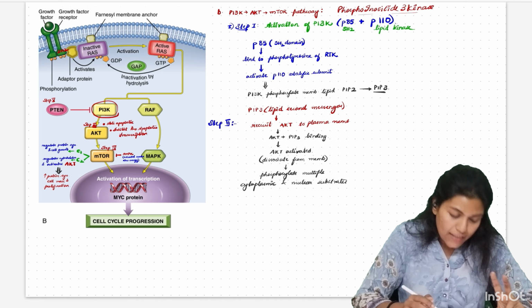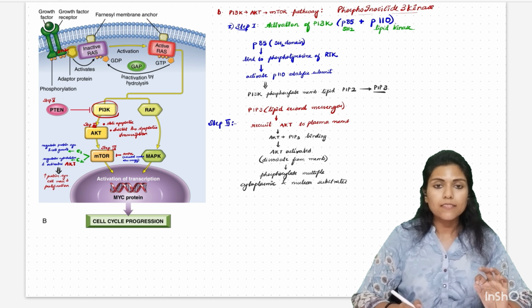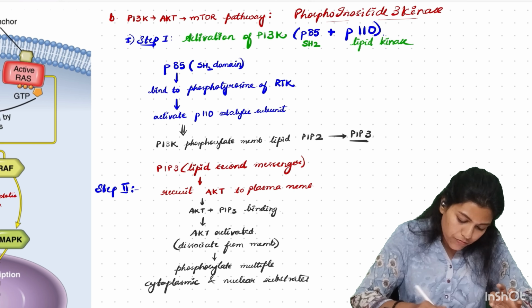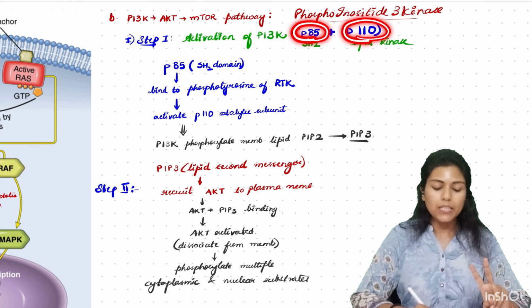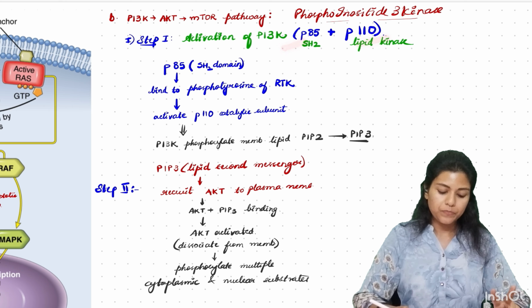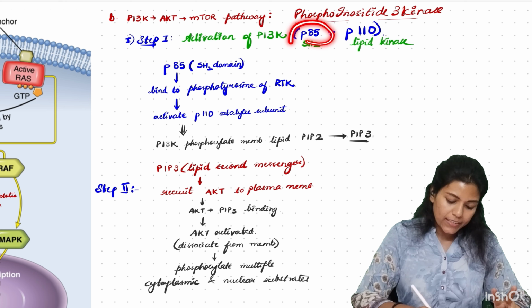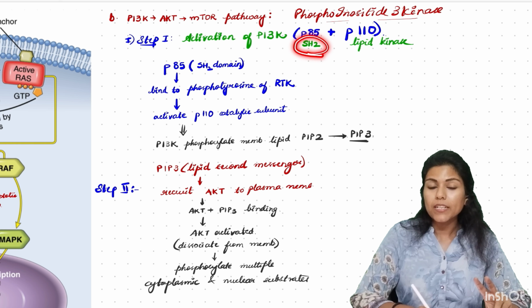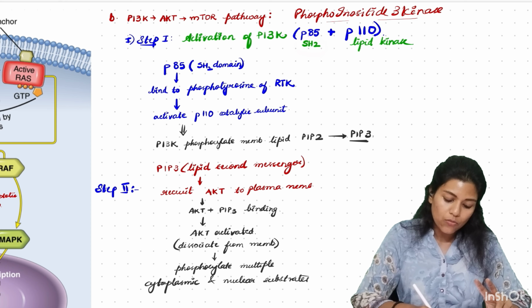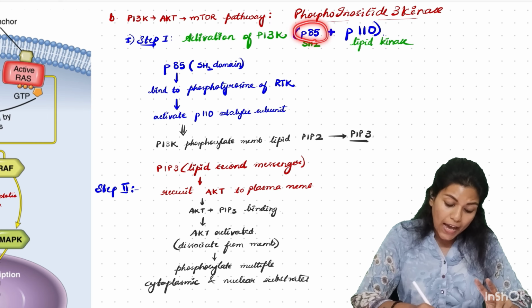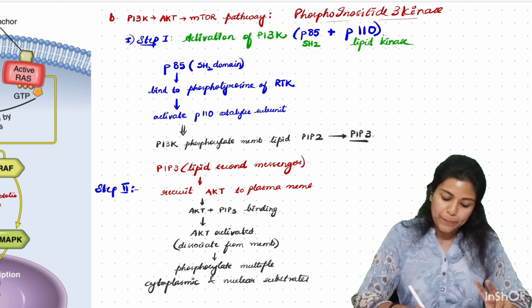This PI3K is a heterodimer composed of two molecules, P85 and P110. P85 has the SH2 domain. I have said in the beginning, the phosphotyrosine is a binding site for SH2 domains. SH2 domains are present in PI3K. So one component of PI3K, P85, has this SH2, and P110 will act as a lipid kinase.